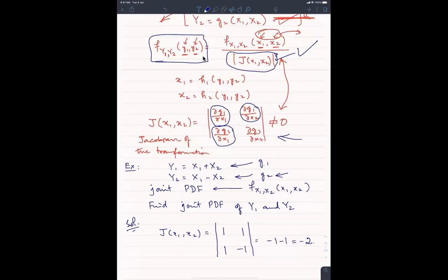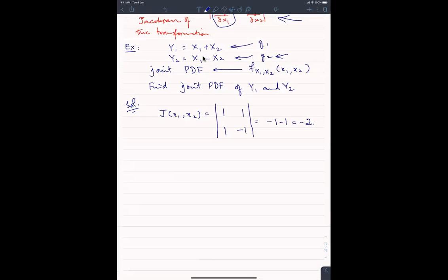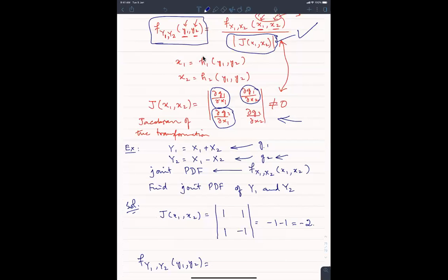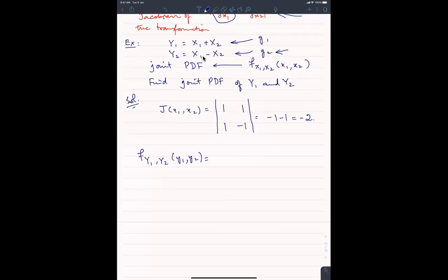So the way that I will write it, f y1 y2 (y1, y2) will be equal to, now look at this expression, f x1 x2 (x1, x2) divided by the Jacobian magnitude, which is 2.